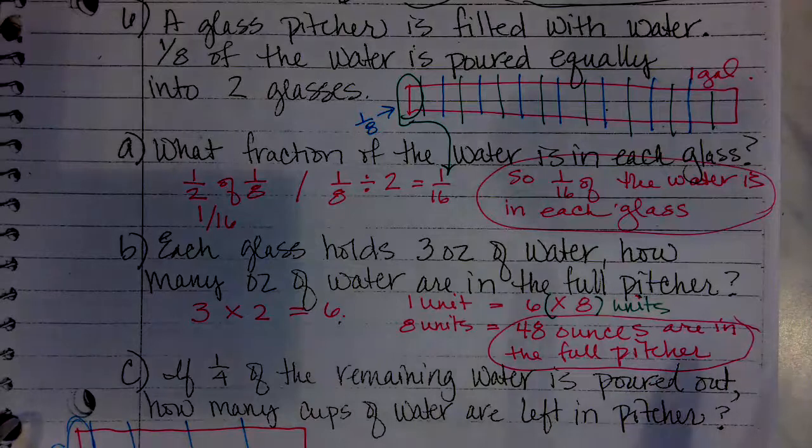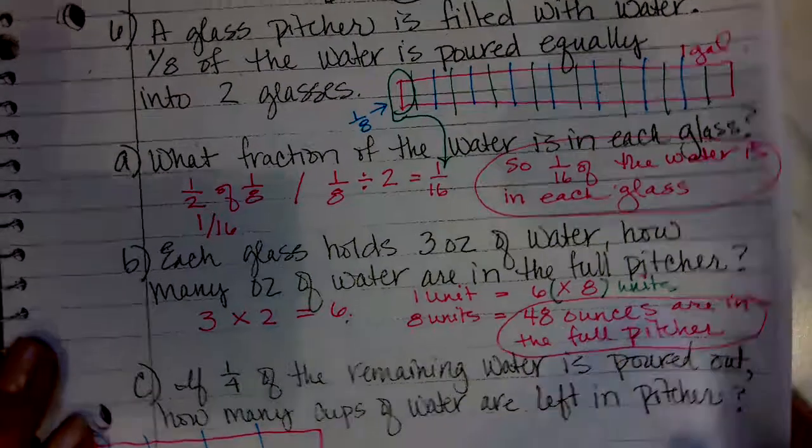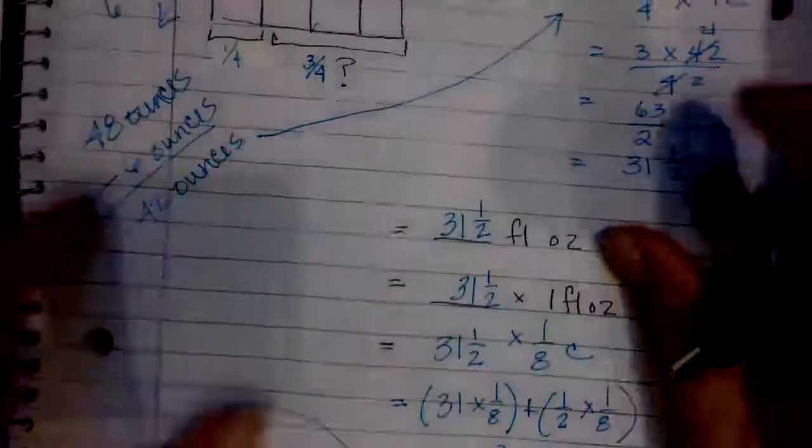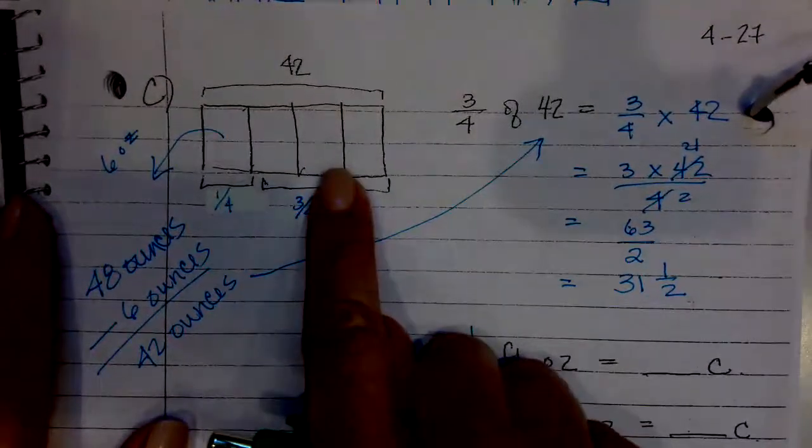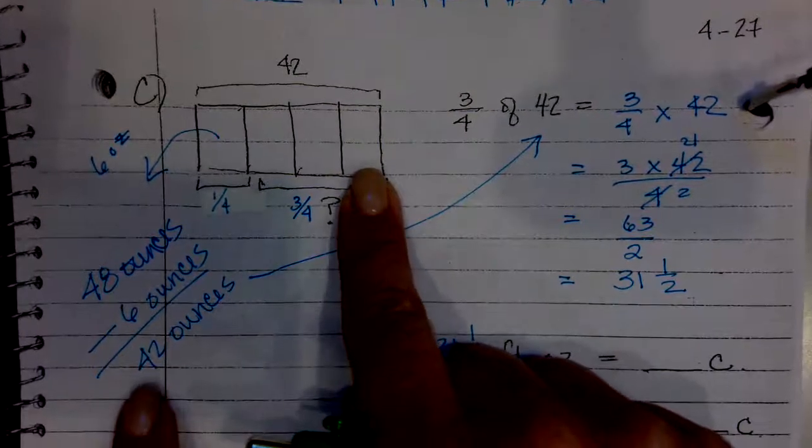Now, problem C is definitely a more complex multi-step problem, and it may have been a little bit hard, but let's go through it really quick together. So here is 42 ounces. Well, how did I get 42 ounces?